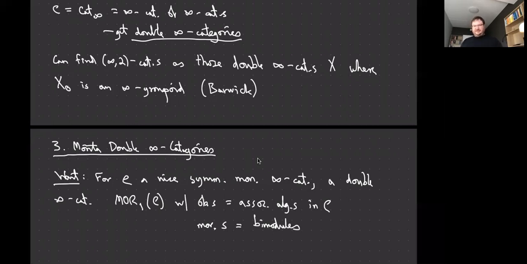So if I take C to be the ordinary category of modules over a commutative ring, I should recover the first version that I looked at, the ordinary Morita 2-category, while the more homotopical version I would get by plugging in C as, say, the infinity category you get by inverting quasi-isomorphisms between chain complexes, or say modules over some commutative ring spectrum.